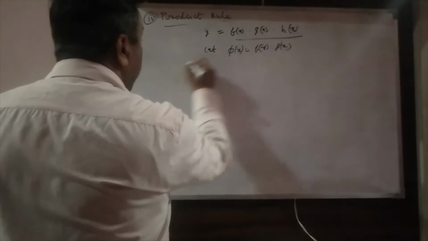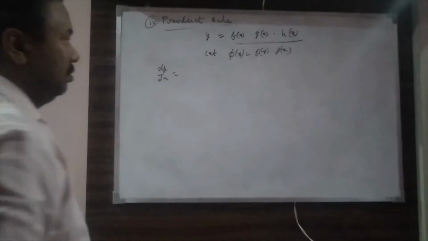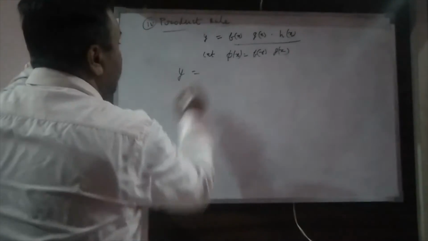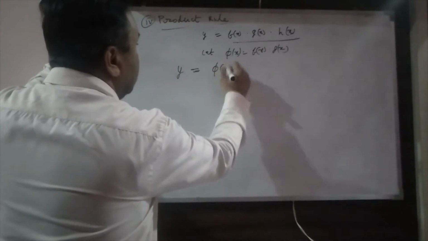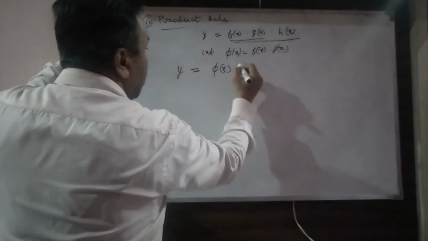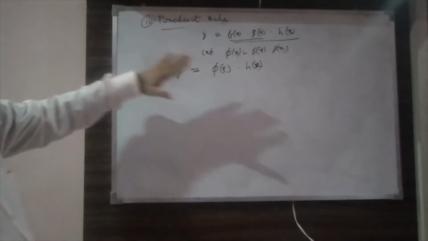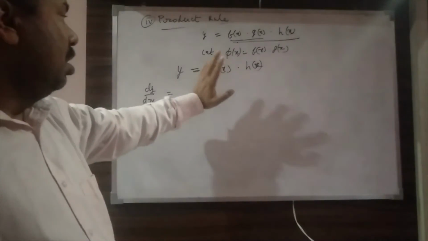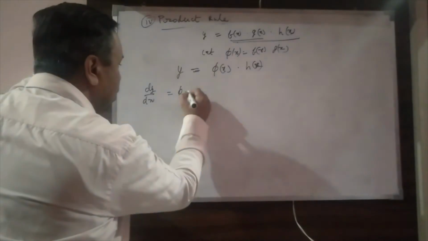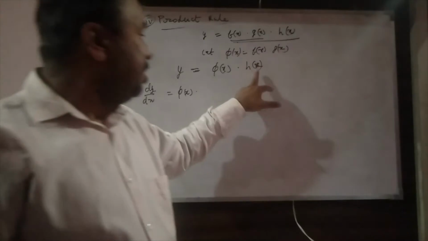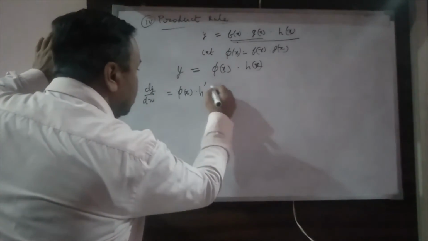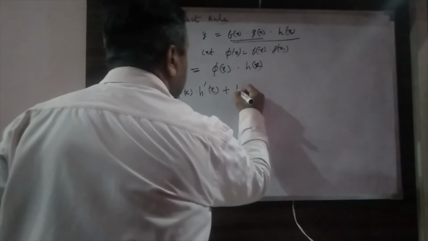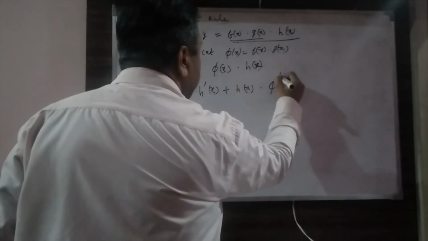Now when I have to find dy/dx, instead of y I can take it as φ(x) multiplied by h(x), because f(x) into g(x) I have taken as φ. So dy/dx will be, as I explained earlier, first function as it is multiplied by differentiation of second function, h'(x), plus second function multiplied by differentiation of first function.